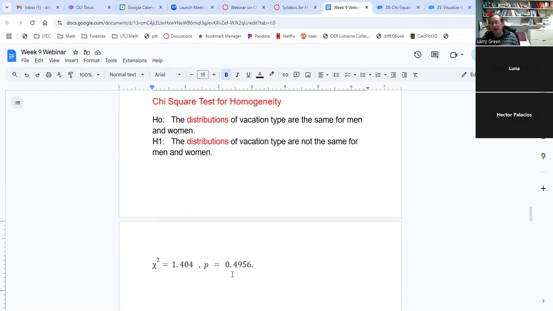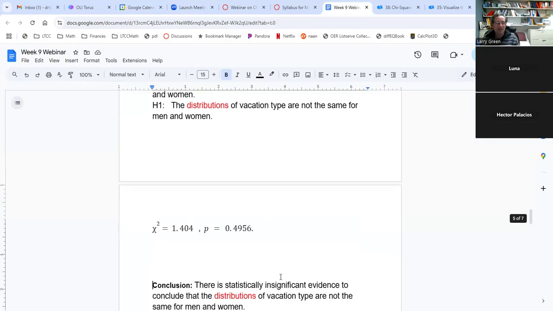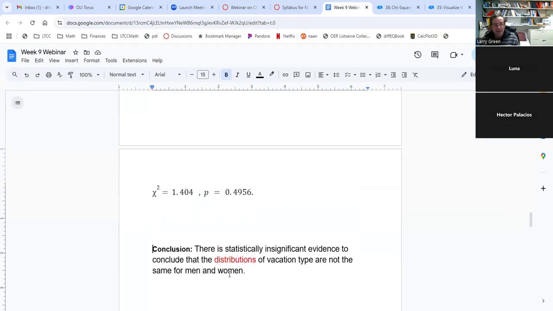If it's between 0.05 and 0.1, you say there is weak evidence. And if it's greater than 0.1, you say that there's statistically insignificant evidence. That's typically what you do if you're not given a level of significance, you use those definitions. So here we have there is statistically insignificant evidence.